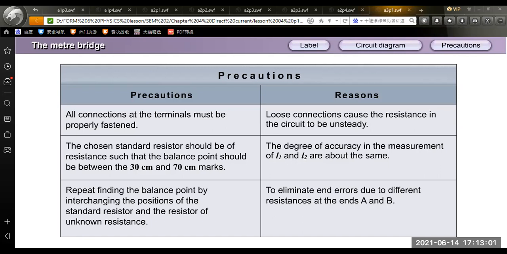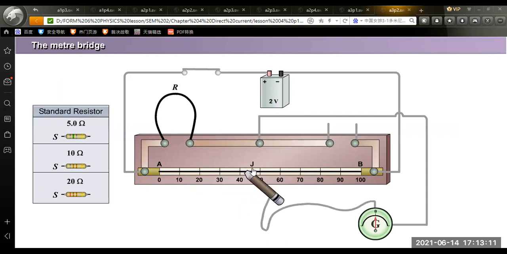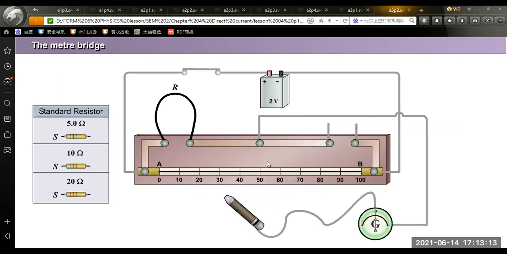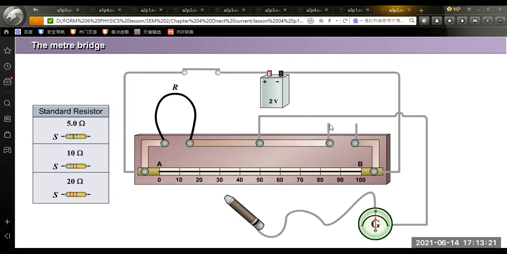Let's observe the next slide. When I connect, the reading cannot be obtained, because there is no resistor here.